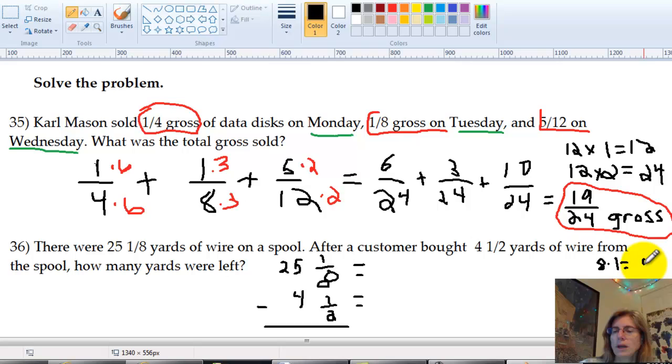Does 2 go into 8? Yes, it does. So we're going to be changing 1/2 to a certain number of eighths, and we don't have to change this one. Let's take our whole number and move it over here, and then our fraction. We're not changing that, but we will be changing this fraction.